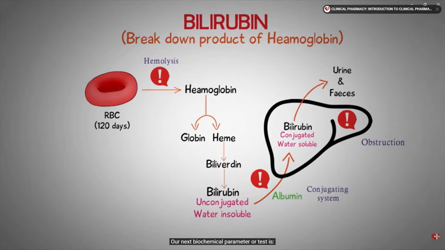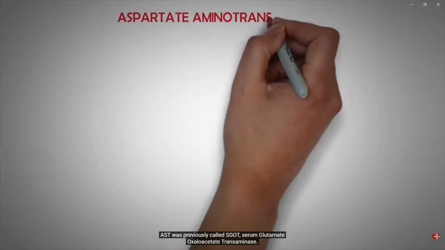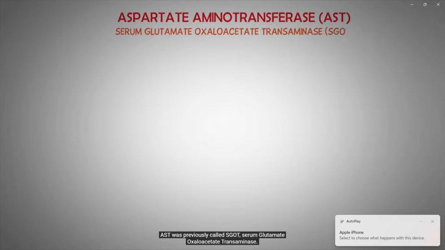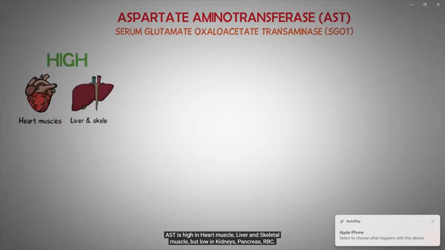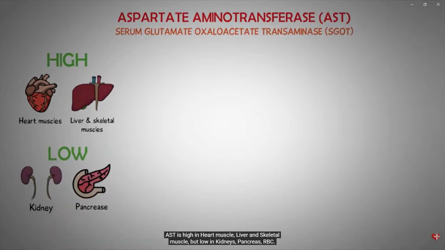Our next biochemical parameter or test is AST, aspartate aminotransferase. AST was previously called as SGOT, serum glutamate oxaloacetate transaminase. AST is high in heart, muscles, liver, skeletal muscles, but low in kidney, pancreas, and RBCs.